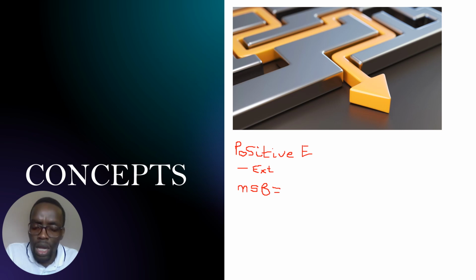So our marginal social benefit is made up of the benefit that you enjoy as an individual, which is called the marginal private benefit. And then, because it's a positive externality, we also have what is called the marginal external benefit. So our marginal social benefit is made up of marginal private benefit plus the marginal external benefit.